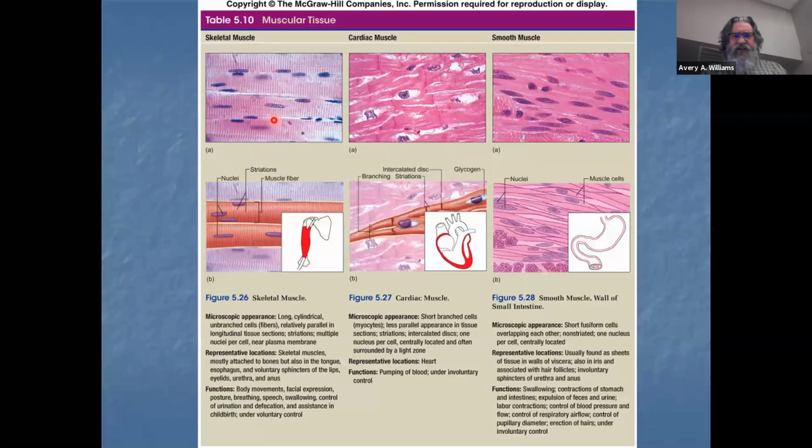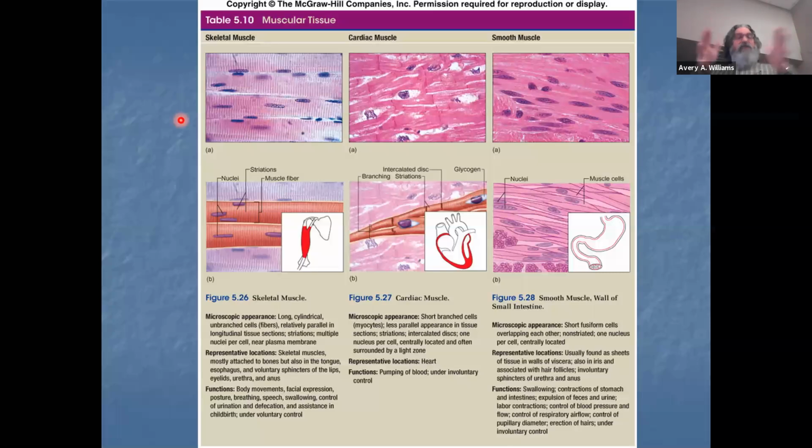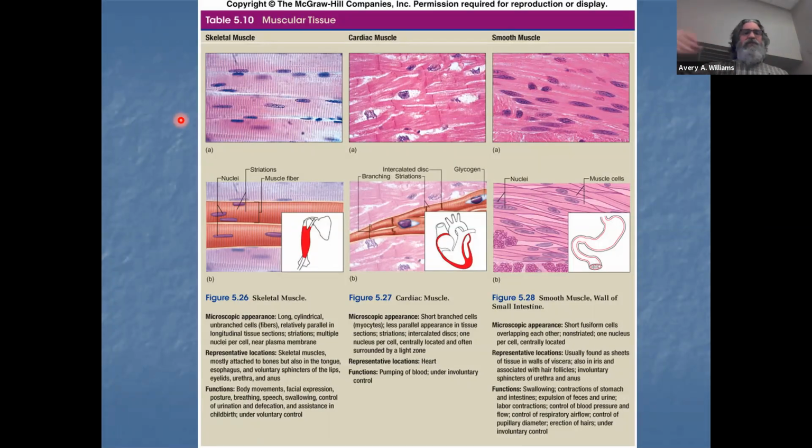So this is a cell, this is a cell, this is 4 muscle cells, 4 muscle fibers. And you'll look at all those dark spots. What are those? Those are nuclei. So they've got a whole bunch of nuclei. See that? So there's 4 cells or 4 fibers, but a whole bunch of nuclei. So skeletal muscle is multinucleated, which means there's more than 1 nucleus per cell. It's the only type of muscle like that. None of the other muscles are multinucleated, only skeletal muscle.